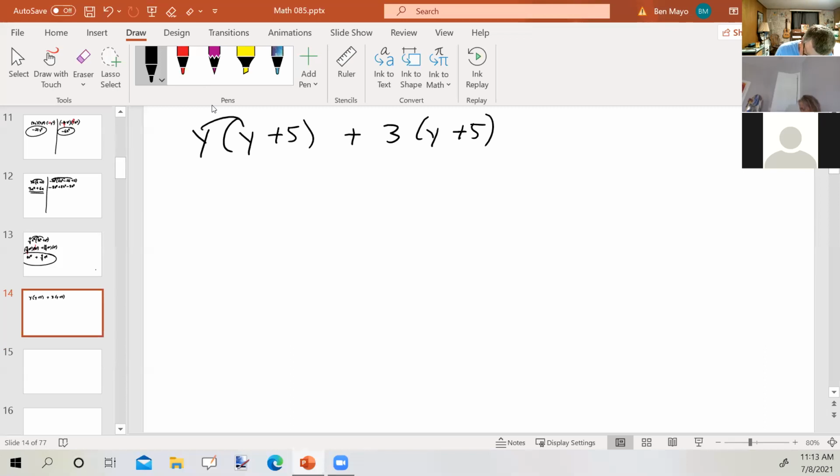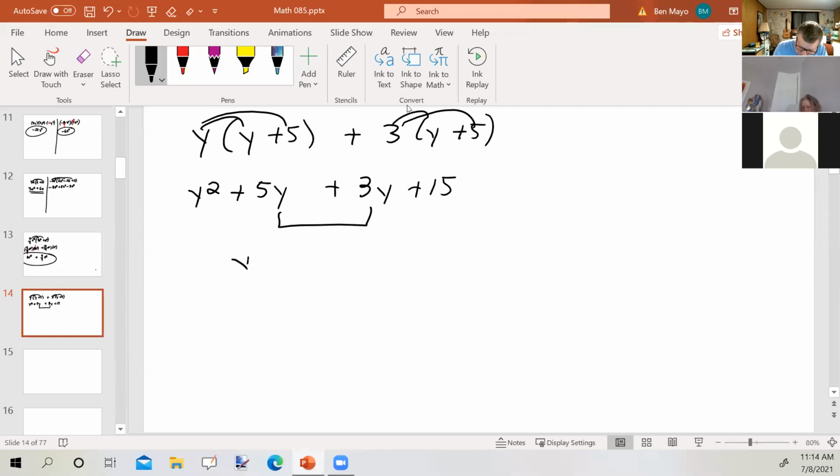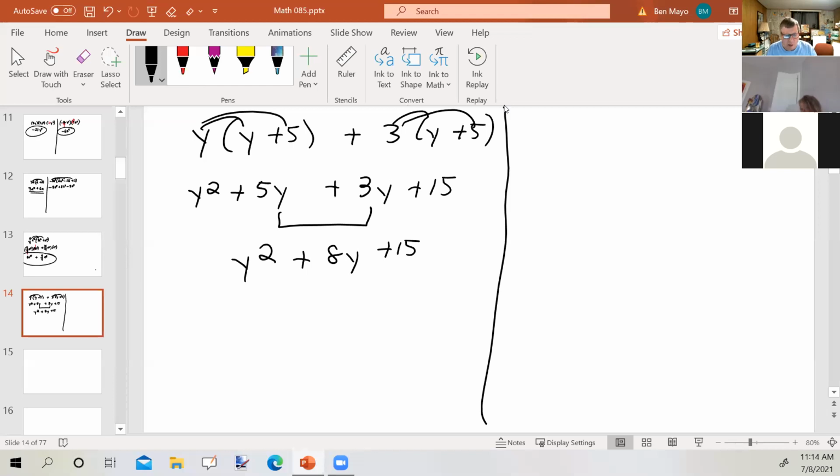So distributing, I get y squared plus 5y plus 3y plus 15. But continuing on, I can simplify by combining like terms and get y squared plus 8y plus 15. Okay, so I took y times y plus 5 and then plus 3 times y plus 5.